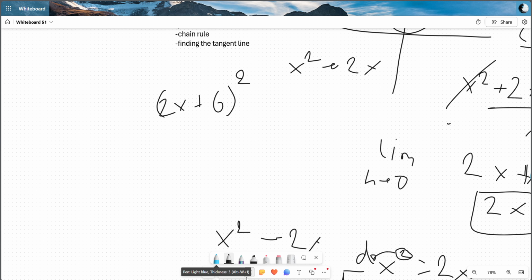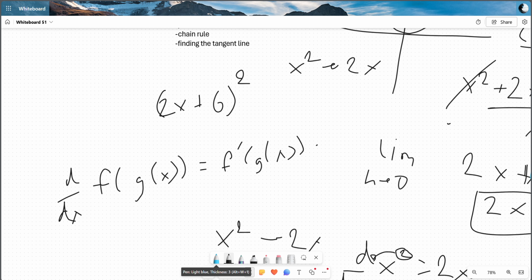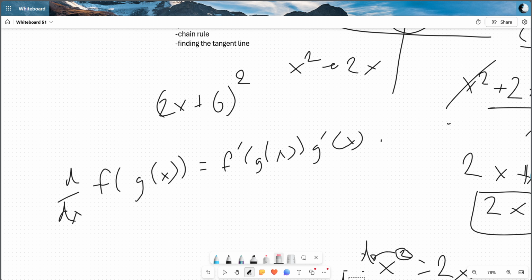Well, the chain rule basically says that d by dx of f of g of x is going to be equal to f prime of g of x times g prime of x. Now that looks really complicated up front, but I think you'll come to see that it's not that complicated in practice.